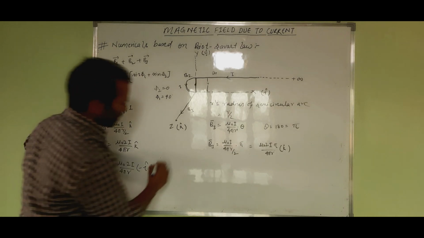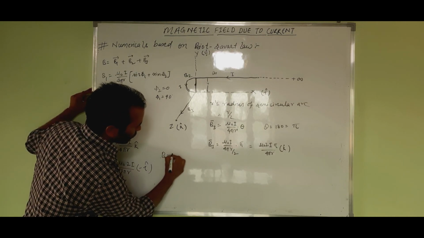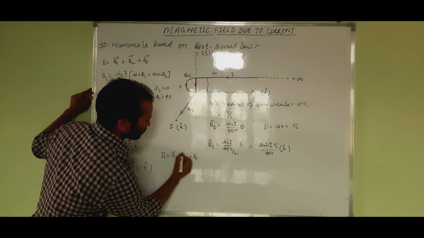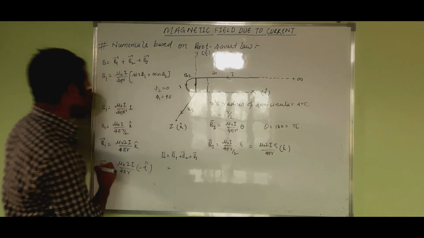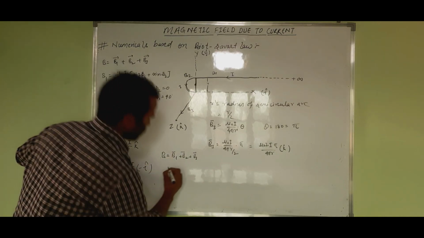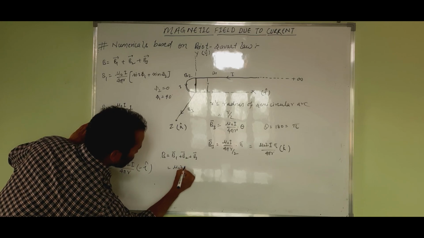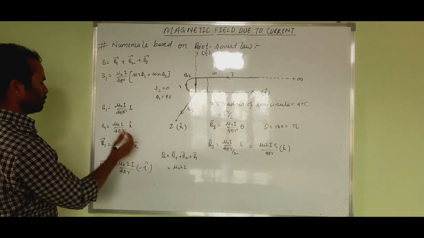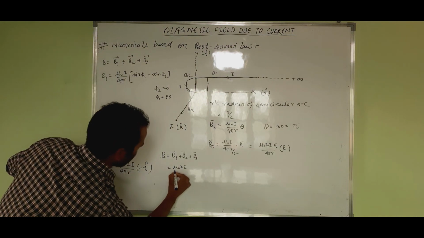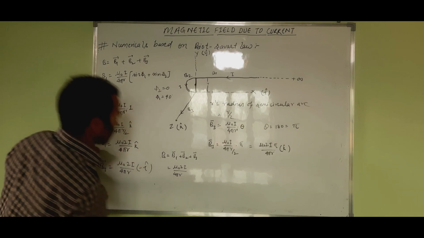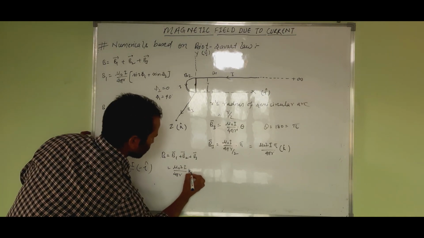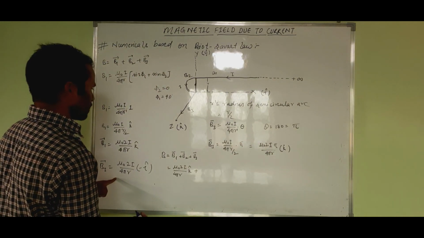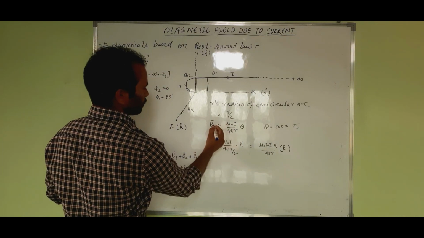Now adding all these, the resultant magnetic field will be B1 plus B2 plus B3. B1 is mu naught 2I upon 4 pi r into k unit vector.